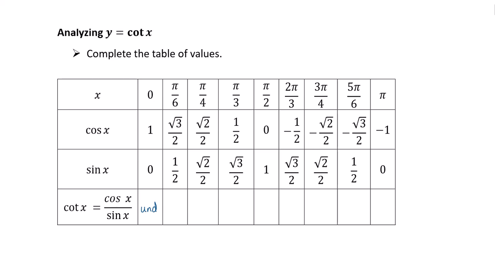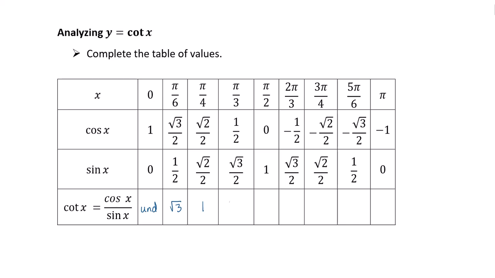Okay, and I have a square root 3 over 2 divided by 1/2. I get the square root of 3. Square root of 2 over 2 divided by square root of 2 over 2 gives me 1. 1/2 divided by square root of 3 over 2 gives me 1 over square root of 3.